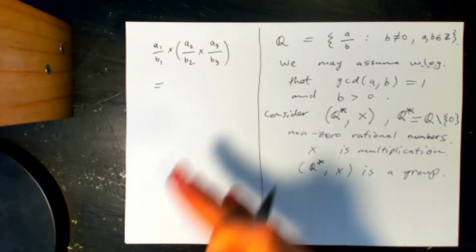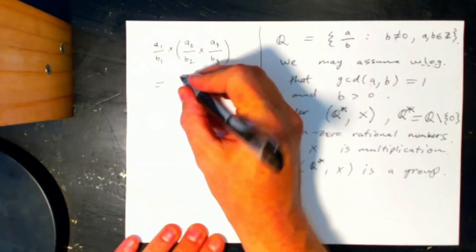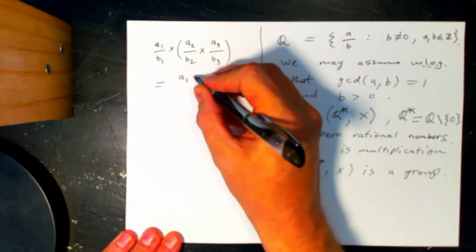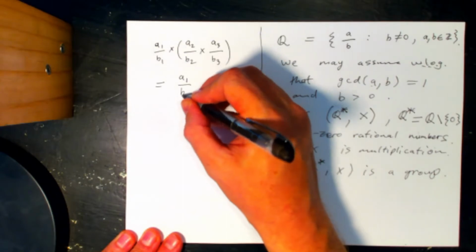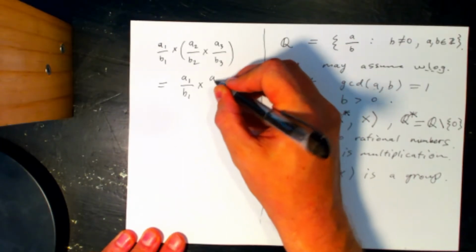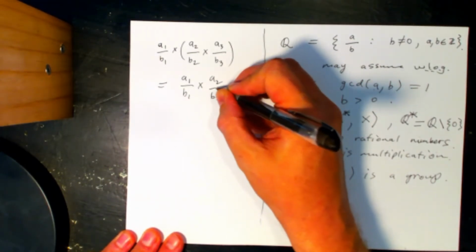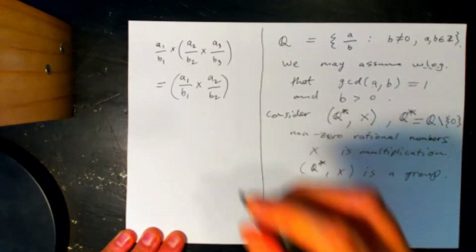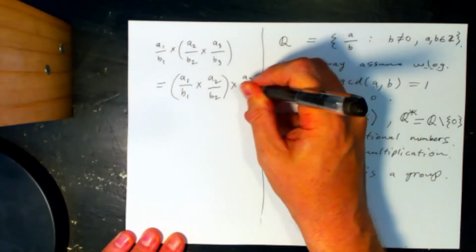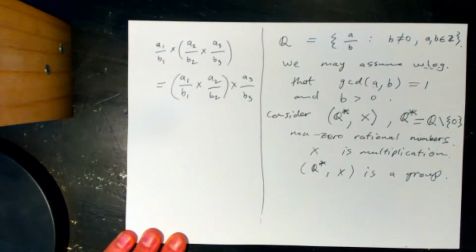Because we don't need to, because we know we have associativity. So we can say that, of course, this is the same as A1 over B1 times A2 over B2 occurring first, and then times A3 over B3.